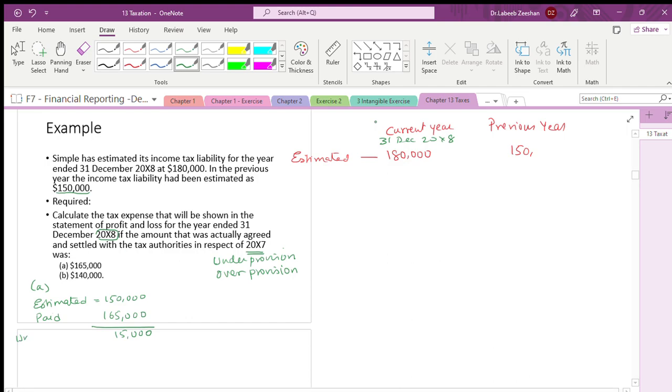Is this an under provision or an over provision? Please let me know. Is it an under provision or an over provision?